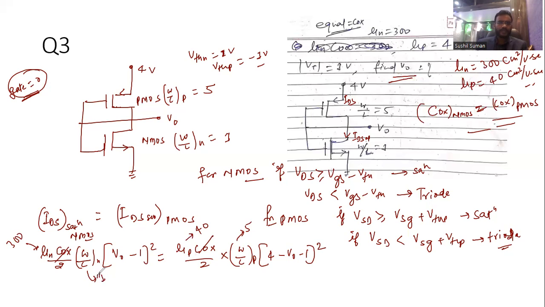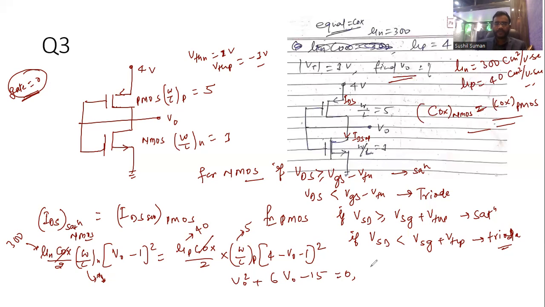After putting all these values, you will get a quadratic equation, which becomes V naught square plus 6V naught minus 15 equal to 0. I have solved it here.